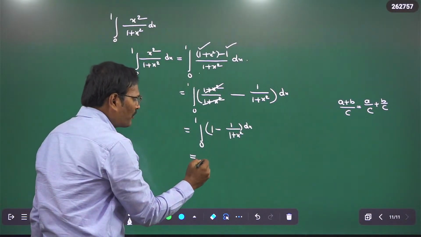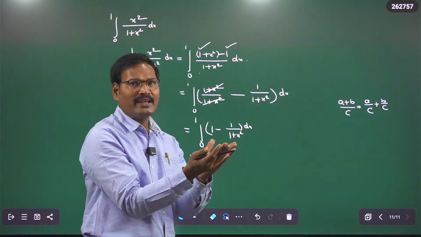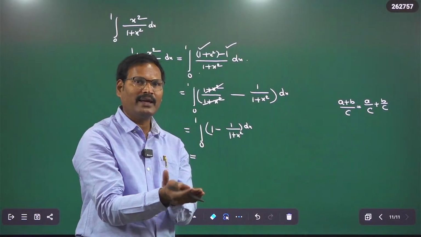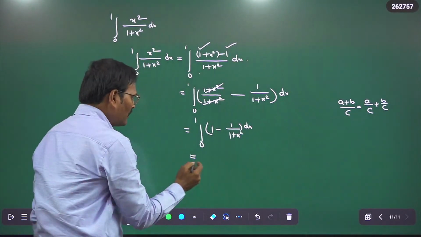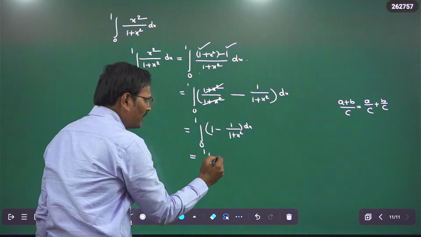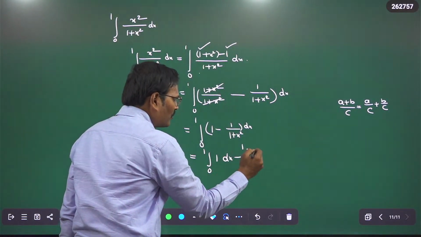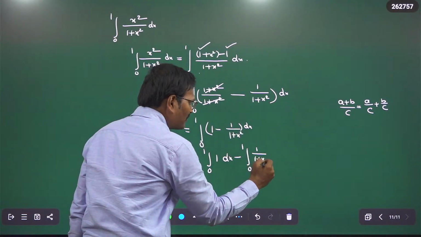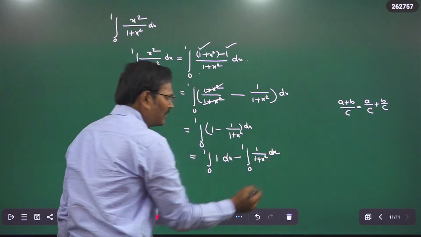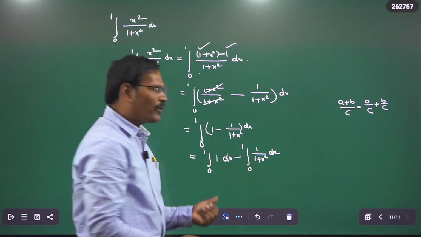Now integration properties: if addition or subtraction is there between two functions, we can separate the integration. Integral 0 to 1, 1 dx minus integral 0 to 1, 1 by 1 plus x square dx. Already we have a formula.